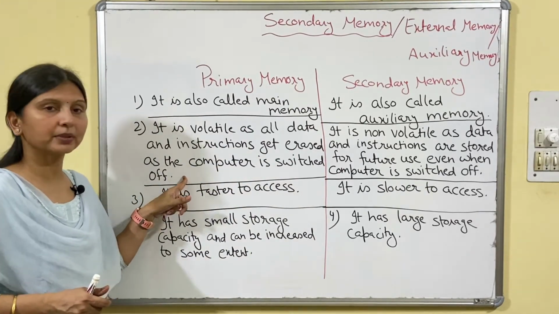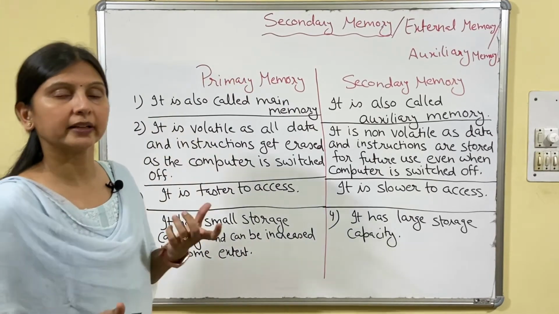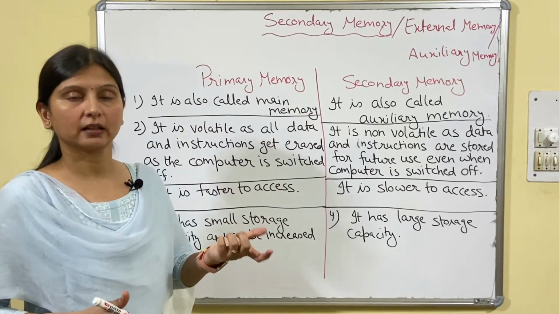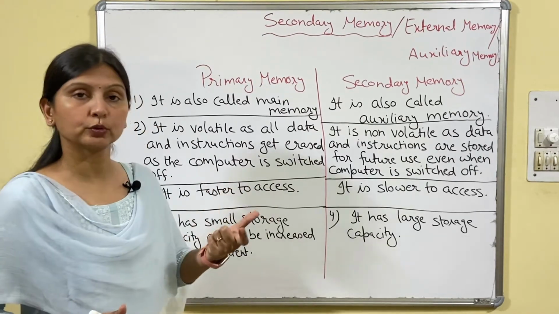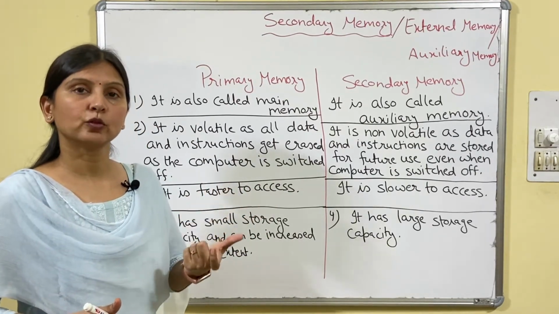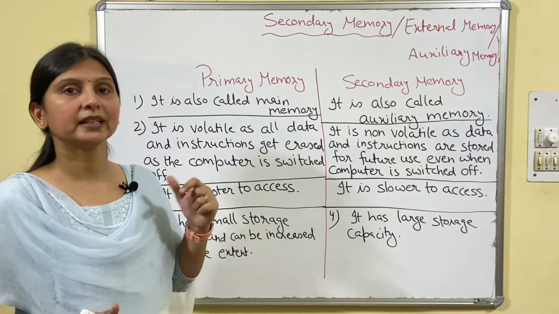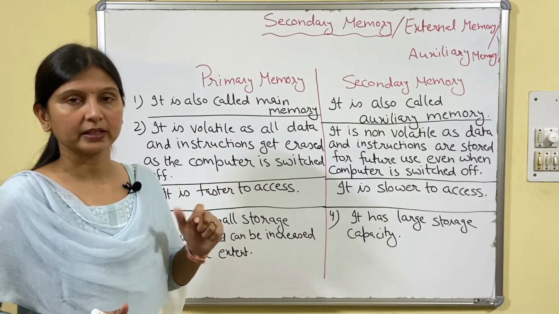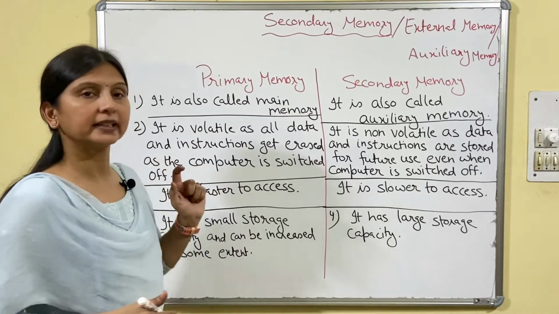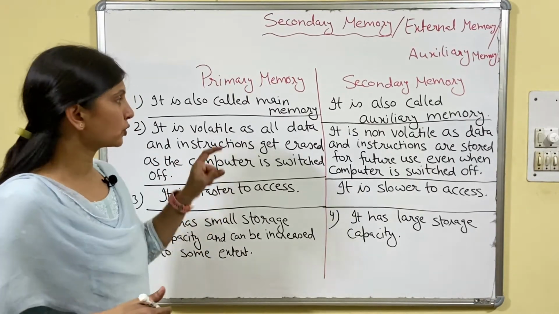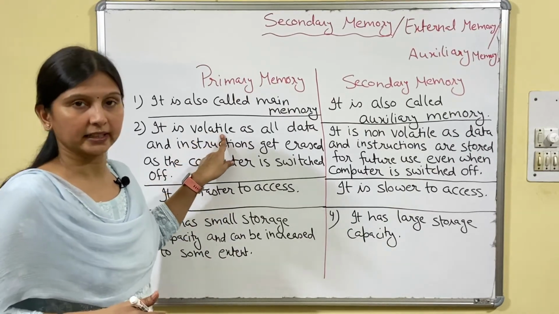What does it mean? Why volatile and how volatile? See, as you switch off the computer, whatever information, whatever data and instructions are stored in primary memory get erased. Fine, all the data gets erased as you switch off the computer. So this is called volatile.